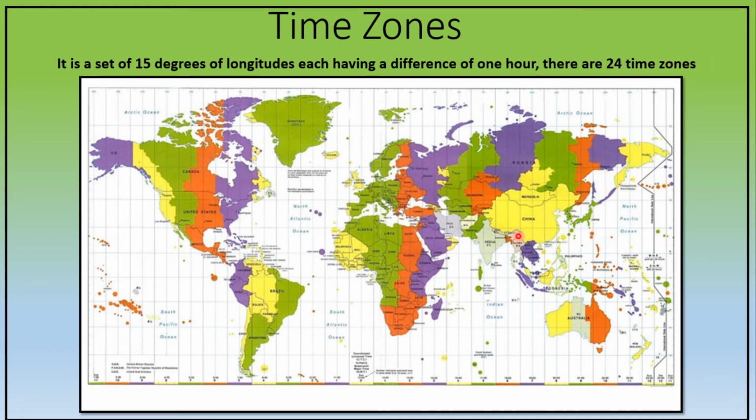That is, each of these time zones is ahead or later than the time zone next to it. For example, in the USA, this particular region has a time zone earlier than that of the central part of the United States of America.